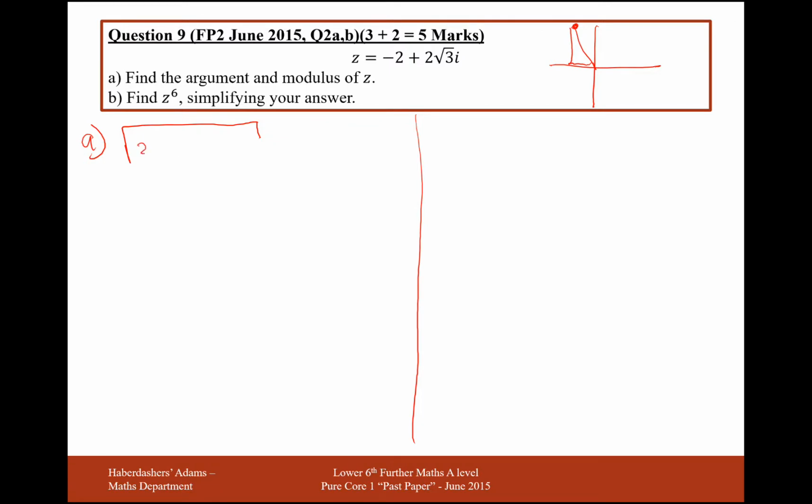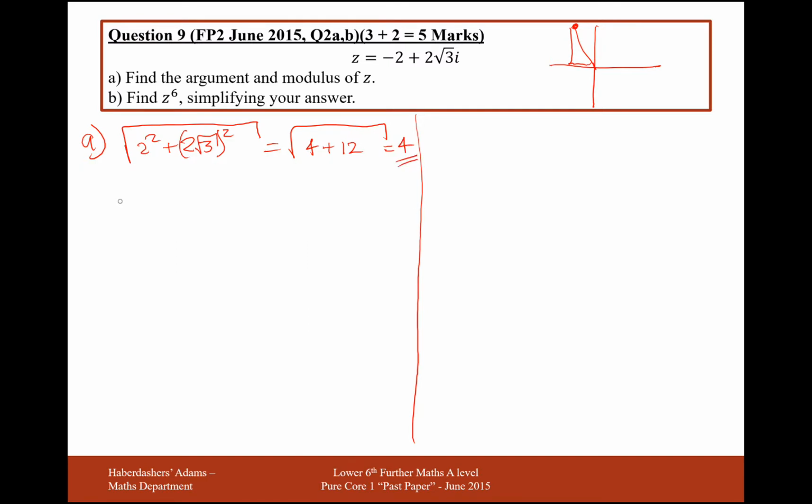So that would be 2 squared add 2 root 3 squared, which is going to equal the square root of 4 plus 2 squared is 4 times 3 will give me 12. So the square root of 16 here is 4. So the modulus here is 4.